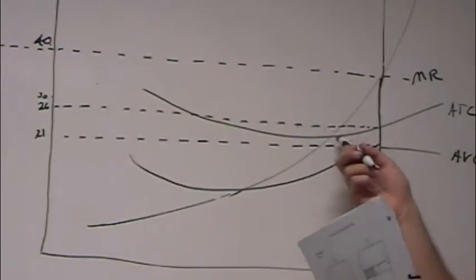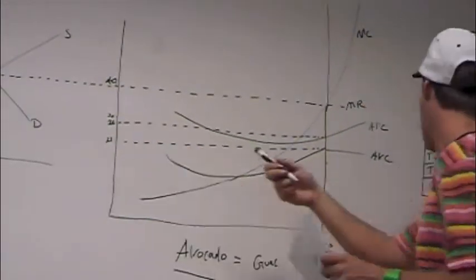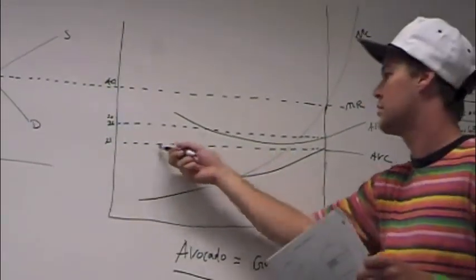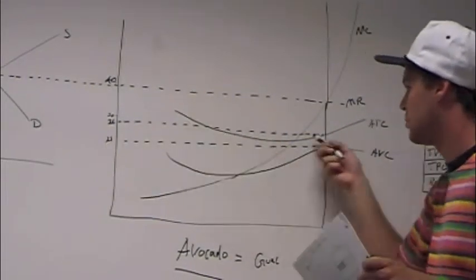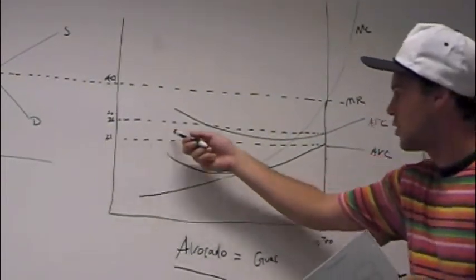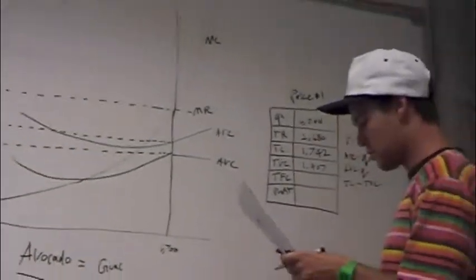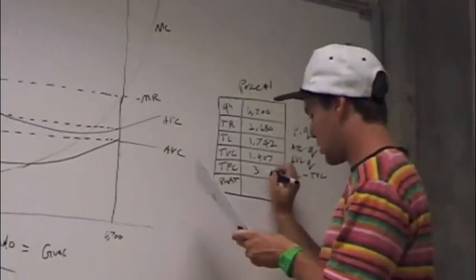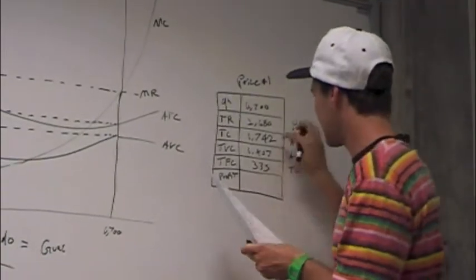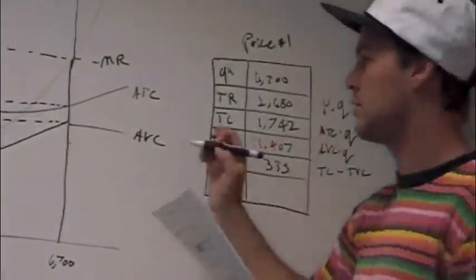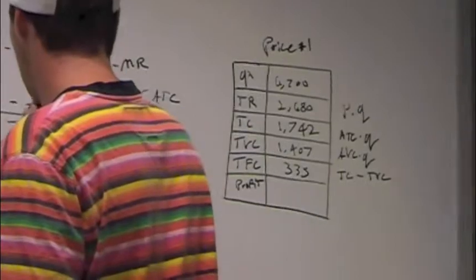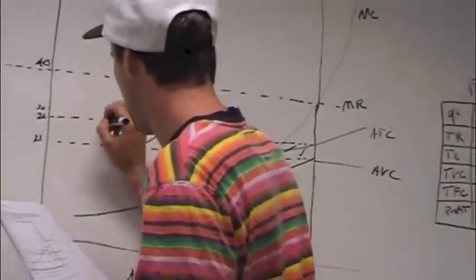Everything's represented in a box. And then we have our total variable cost right here, this box. So it's this huge box minus the smaller one right in here. So we find our total fixed cost, which would be 335, minusing this number minus this number, and we find this area right here.